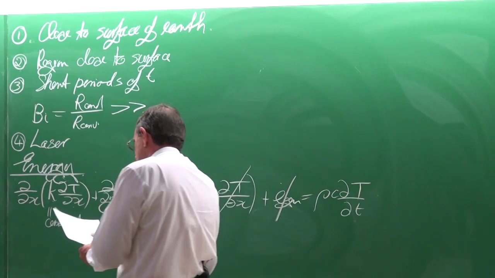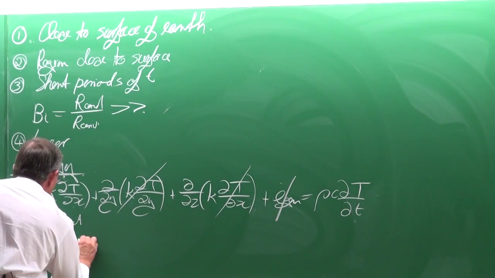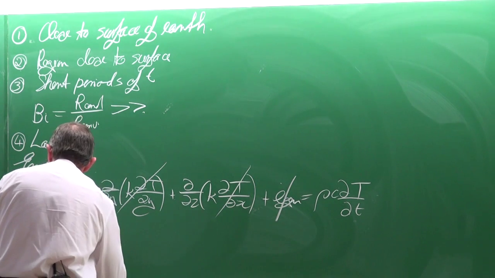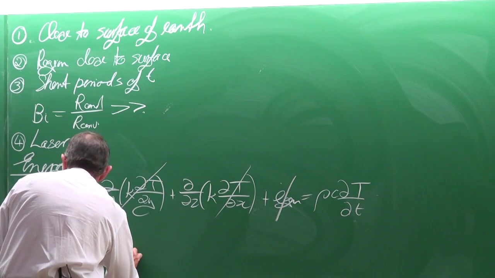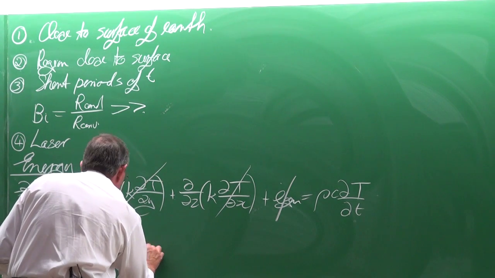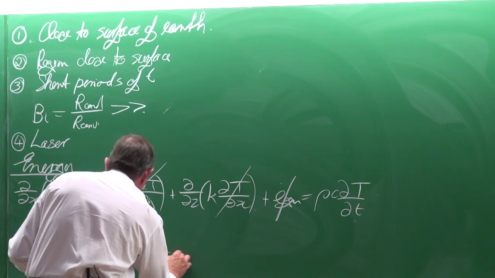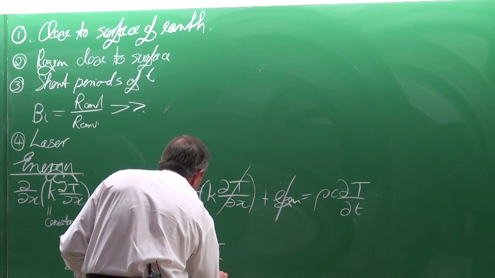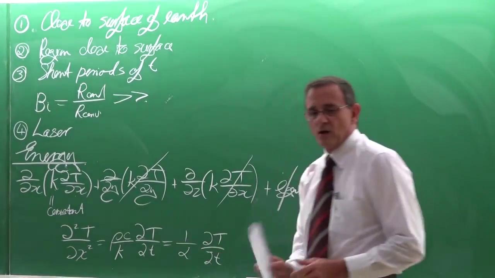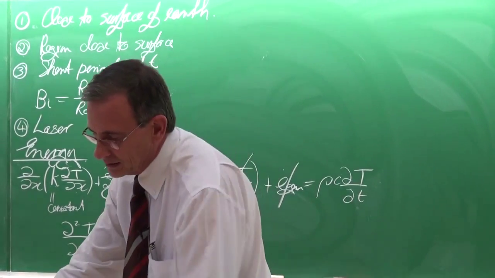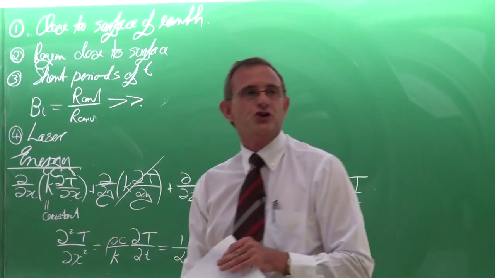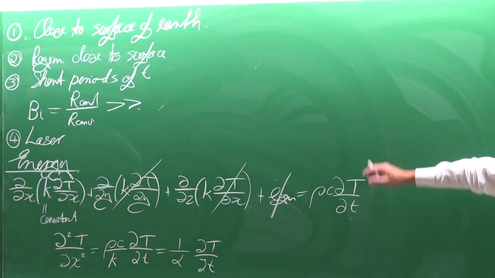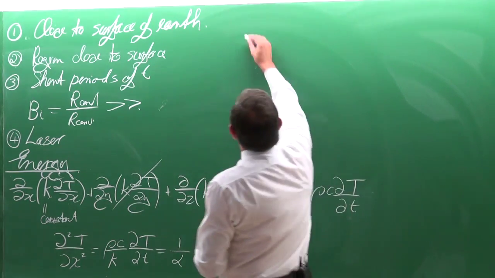But in this case, we can, and the result is this partial differential equation: d2T/dx squared is equal to rho c divided by k multiplied by partial dT/dt, which is equal to 1 divided by the thermal diffusivity multiplied by partial dT/dt. We derived that equation previously when we started with paragraph 4.2. Are you all happy with that equation?